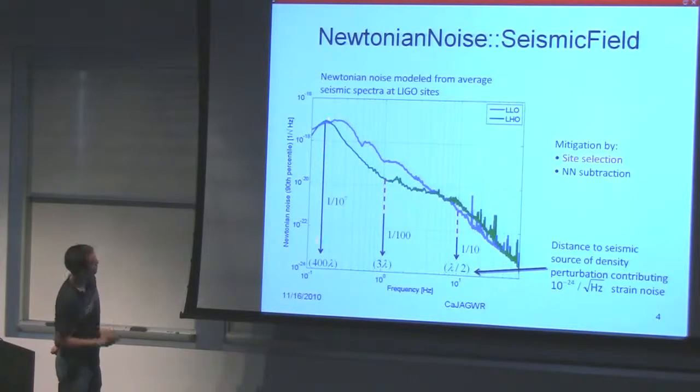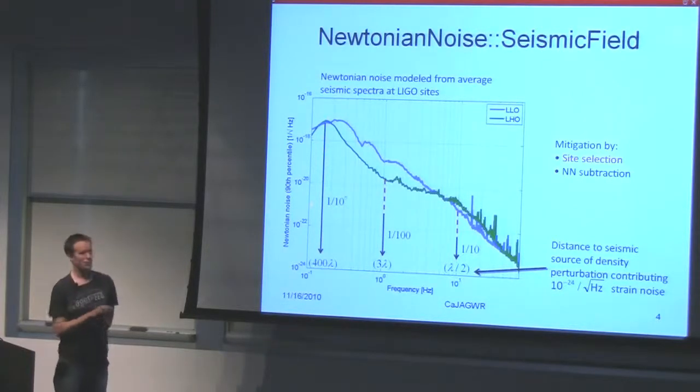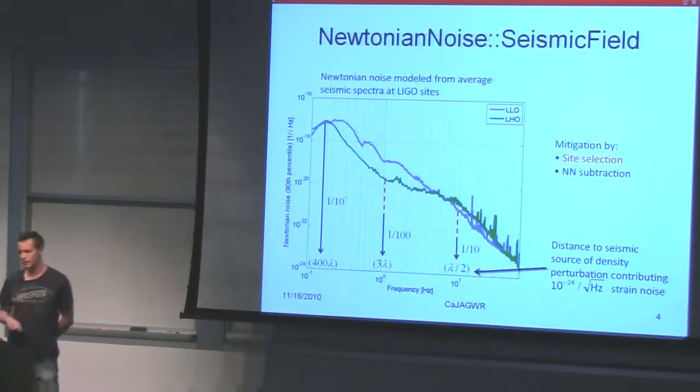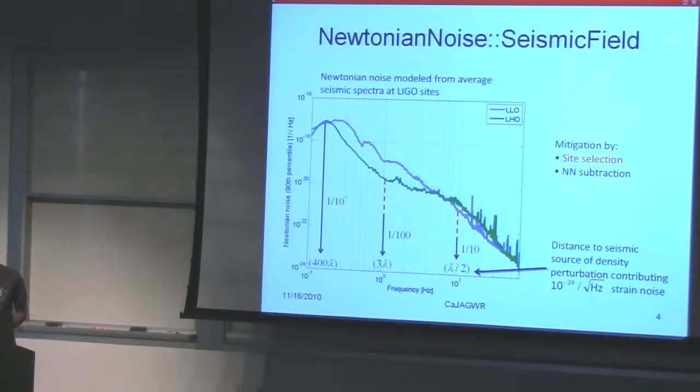Now, you would have to subtract 7 orders of magnitude of Newtonian noise, and I think that's quite impossible. Also, the radius of the volume is 400 lambda, where 1 lambda is 50 kilometers at this frequency, so it's the entire Earth, right? So that's quite unrealistic.